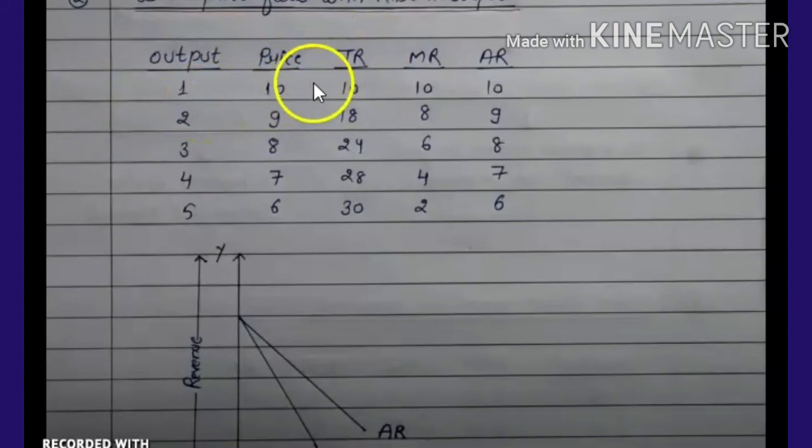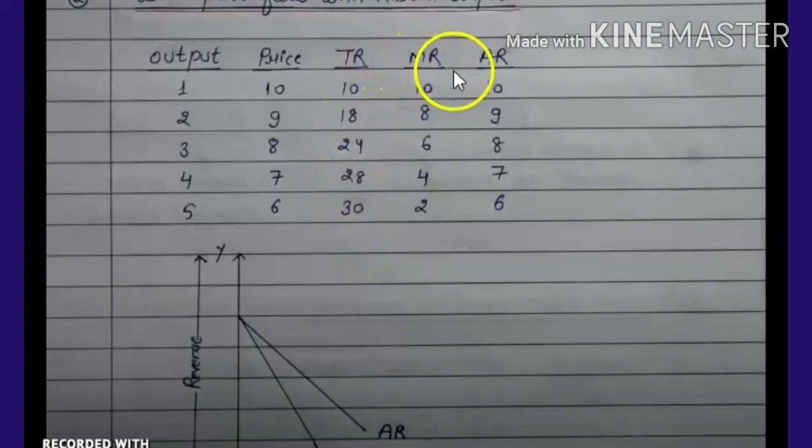First it is 10, then 18, then 24, then 28, then 30. As you know, when price decreases, demand will increase. So in return the total revenue will also be increasing. So the condition is that TR is going on increasing: 10, 18, 24, 28, 30. That is the logic behind that.